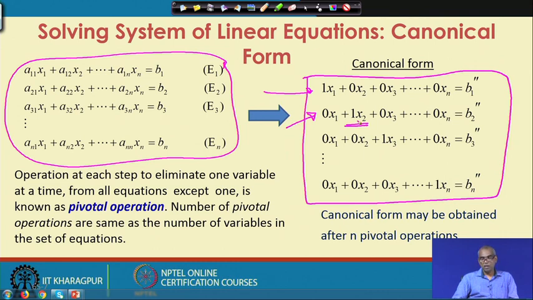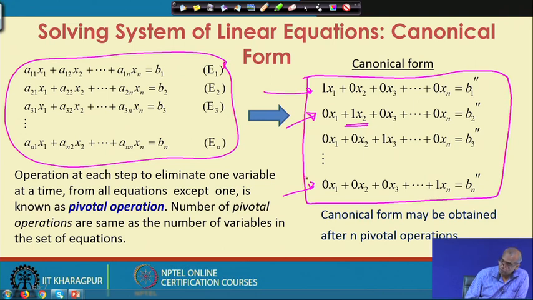This continues, and the last row, that is the nth row, because you now have an n cross n matrix, has all the coefficients 0, coefficients for x 1, x 2 up to x n minus 1 are 0, and the coefficient of x n is 1.